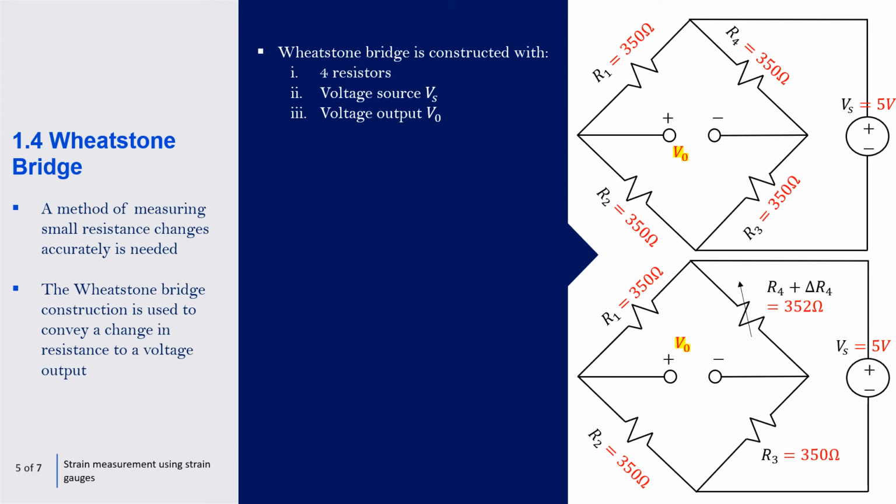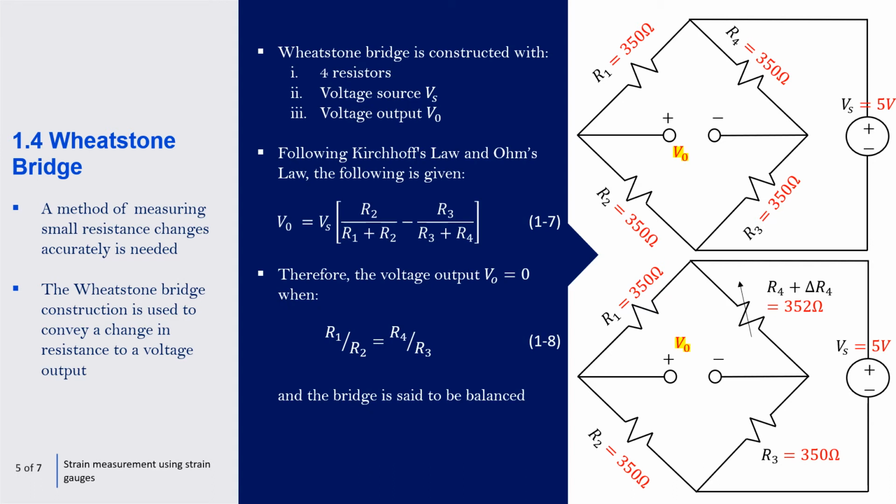In the case at the top right, we've got a 5-volt voltage source, and all the resistors are equal at 350 ohms. Following Kirchhoff's law and Ohm's law, VO, our voltage output, is equal to Vs, our voltage source, multiplied by R2 over R1 plus R2, minus R3 over R3 plus R4.